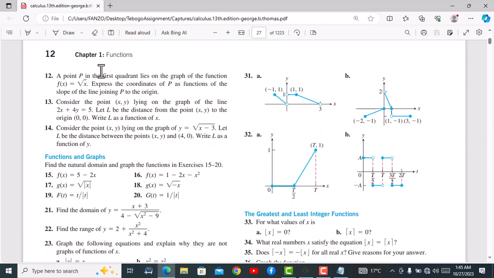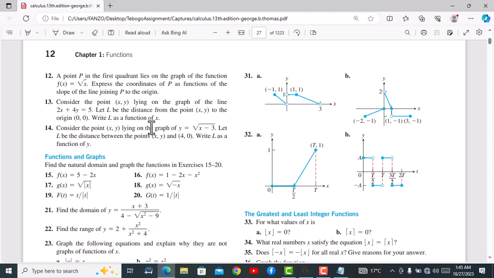Even this one we will not be able to do, because it says a point P in the first quadrant lies on the graph of the function. Express the coordinates of P as functions of the slope of the line joining P with the origin. We will do that in the next tutorial.